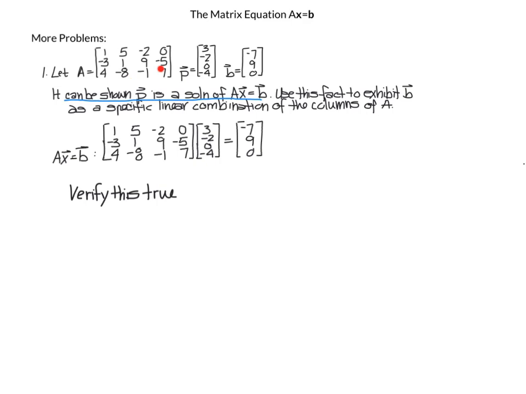So AX, this is A times some vector X equals B. And this X, that's the vector we're looking for. What are the numbers that make this equation true? And this is saying that P is a solution. So in other words, A times P should equal B. That's what this statement here is, that P is a solution of AX equals B. So let's verify that is true.